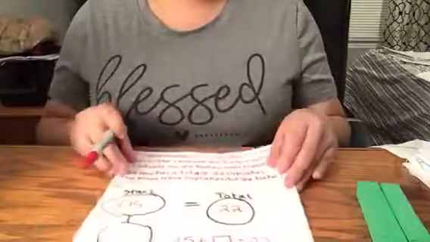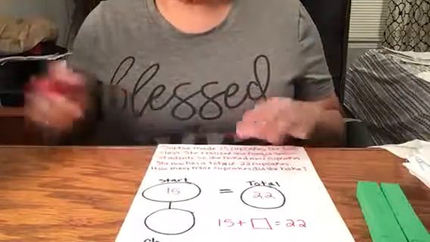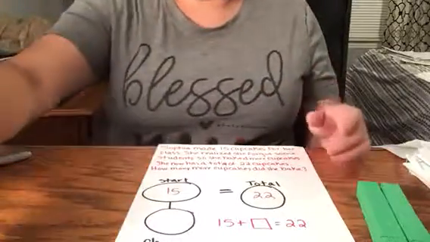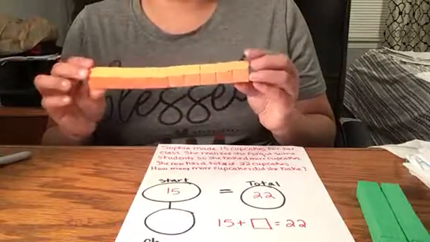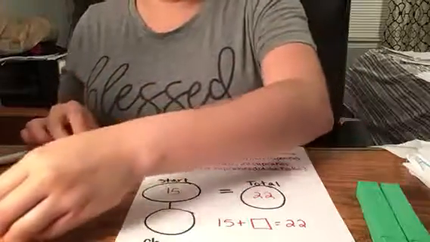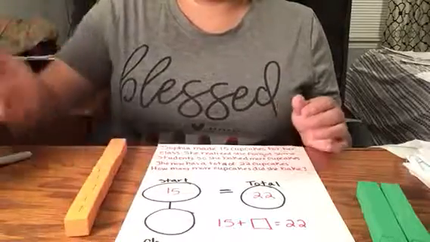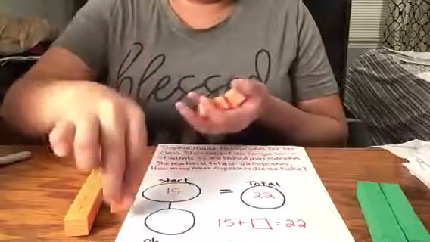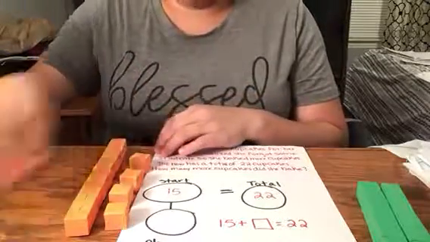We are going to be using base 10 blocks in order to solve this equation. This is going to be my rod. My rod contains 10 units. So there's 10. We're going to make 15. So there's 10, 11, 12, 13, 14, 15.